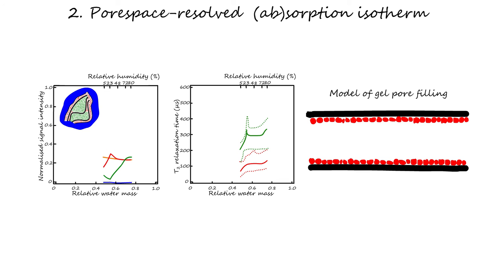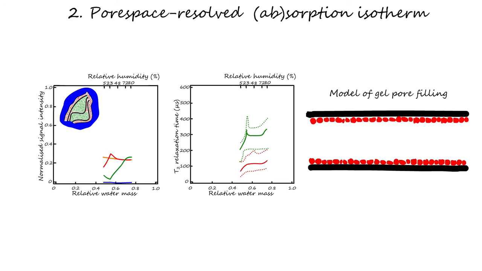Before the surfaces are covered by the monolayer, they are, however, not bare of hydrogen. Hydroxyl groups as part of silica tetrahedra covering the surface are attributed to the solid signal. As the surface is covered by water, these are seen by NMR as part of the interlayer water. Therefore, the solid signal decreases as the surfaces of the gel pores are covered by a monolayer of water.